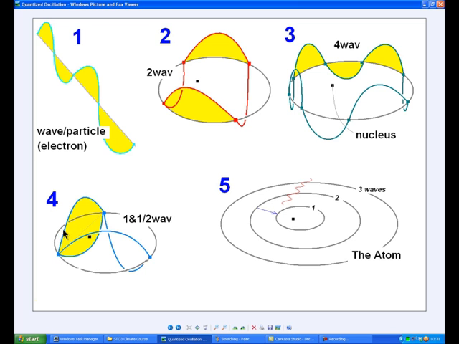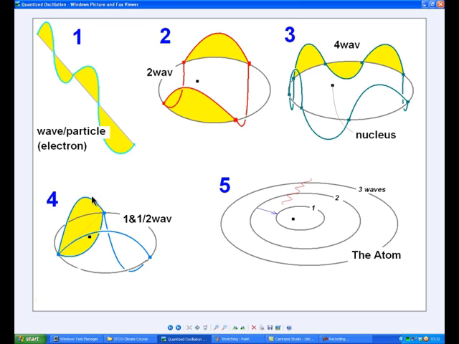Notice we're going over the top of the ring. That's 1. 2. Well, that's quite interesting, because the first time we went around, right, we went over the top, and then we went underneath, and then we went over the top, and now we're going underneath again, but we're directly underneath this blue line here, right?